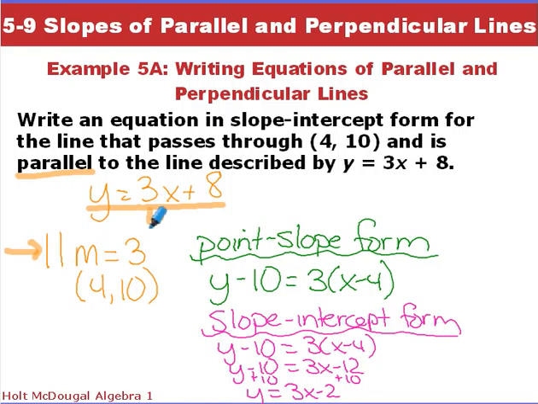It's the same as the slope here. Our point it has to pass through is (4, 10). Perfect setup for our point-slope form. So we get y minus 10 equals our slope, 3, times x minus 4. But it's asking for slope-intercept form, so we take this equation and solve it for y. Distribute the 3 to every term, it gives us 3x minus 12, add 10 to both sides, and we get y equals 3x minus 2.